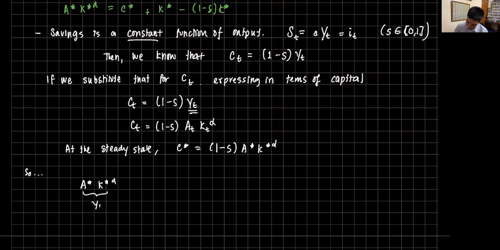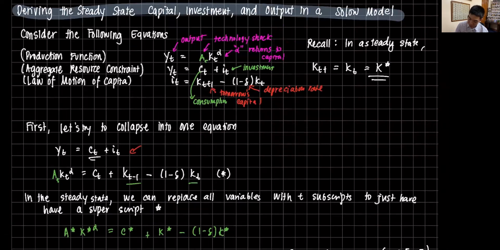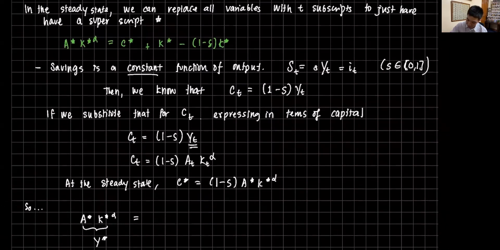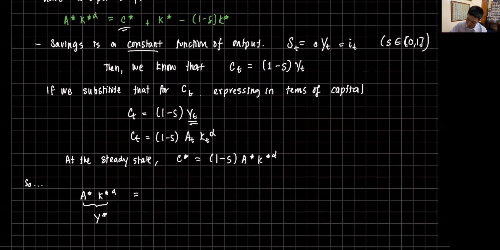This is steady state, this is Y star, equal to the next thing in the aggregate resource constraint, that's C_t. So we need C star here, which is 1 minus S times A star K star alpha.